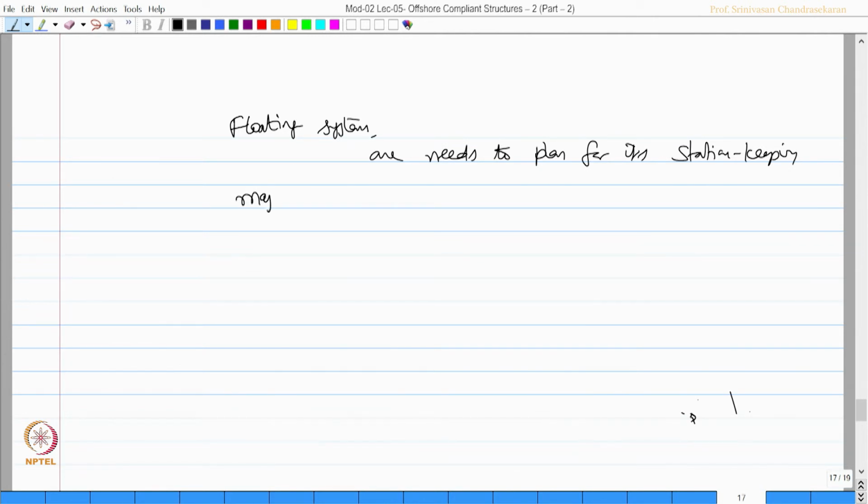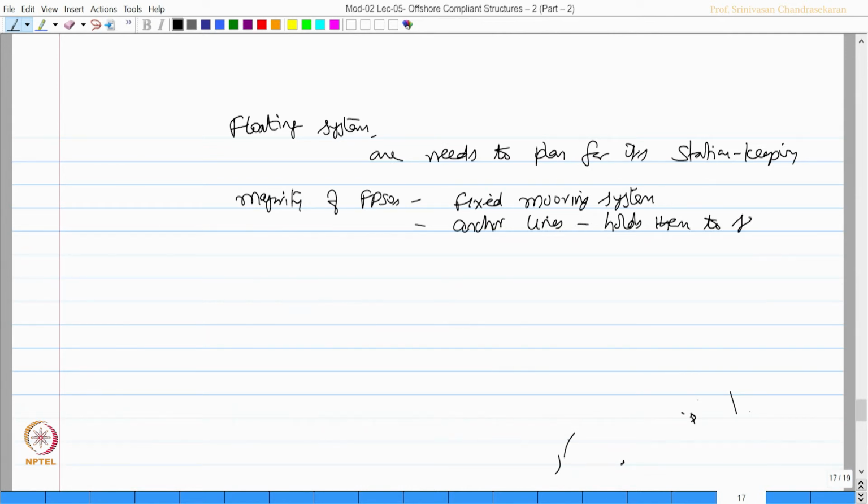Majority of FPSOs depend on fixed mooring system. They have anchor lines which hold them down to the seabed permanently during operation.